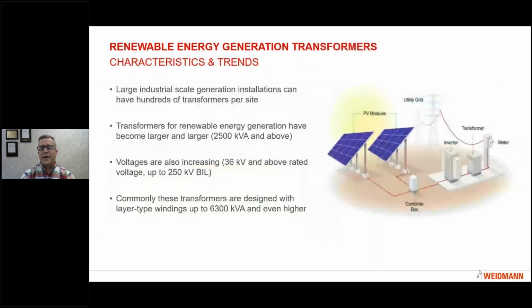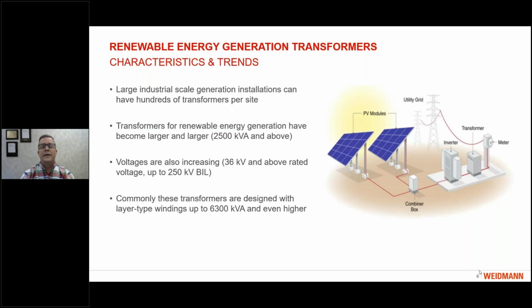So now let's talk about the transformers for renewable energy. What do these things look like? First of all, these kinds of renewable energy sites can have lots of transformers, hundreds of them, in fact, per site. And the other thing is that they're getting larger. They can oftentimes be rather large in size, several thousand kVA and above.